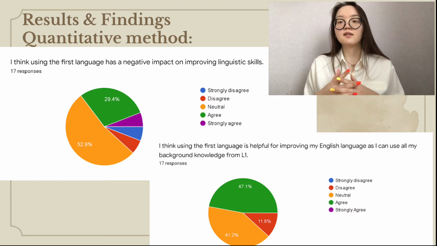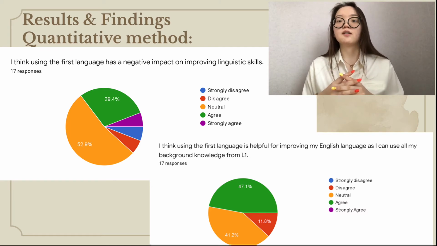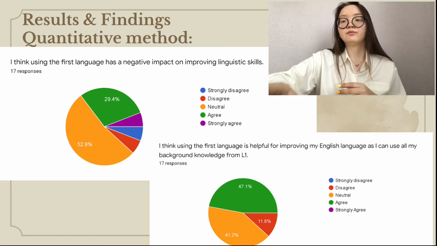But in the second chart, you can see that a large number of participants also stayed in a neutral position, and about half of them said that they agree that translanguaging is helpful for improving their English language skills.